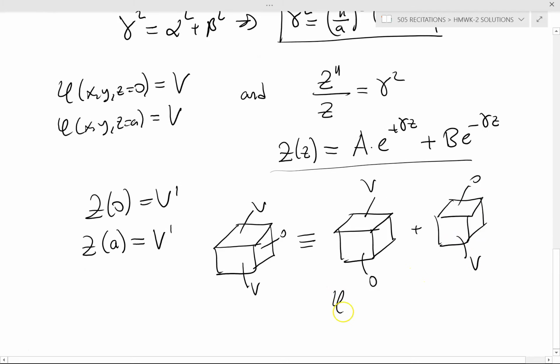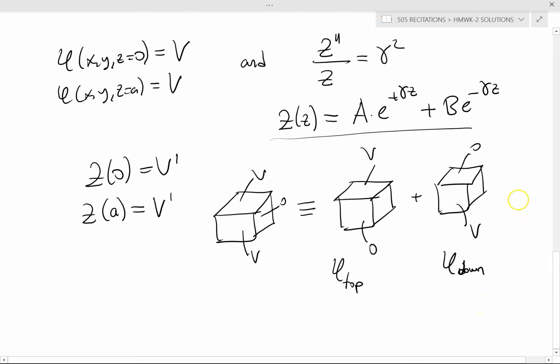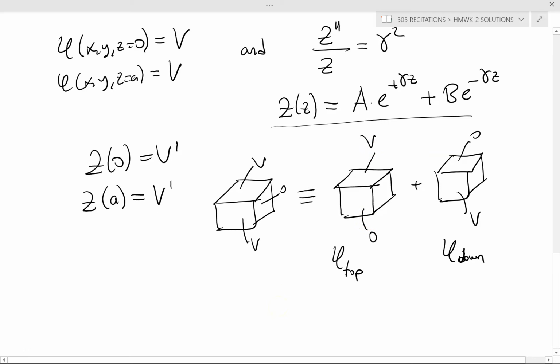I will call this side top and I will call this side down. As you will see, it is much easier to satisfy this condition. The above part is V and the lower part 0. It is much easier to find the algebraic solution for this sort of a general solution. Hence, let me show it to you.